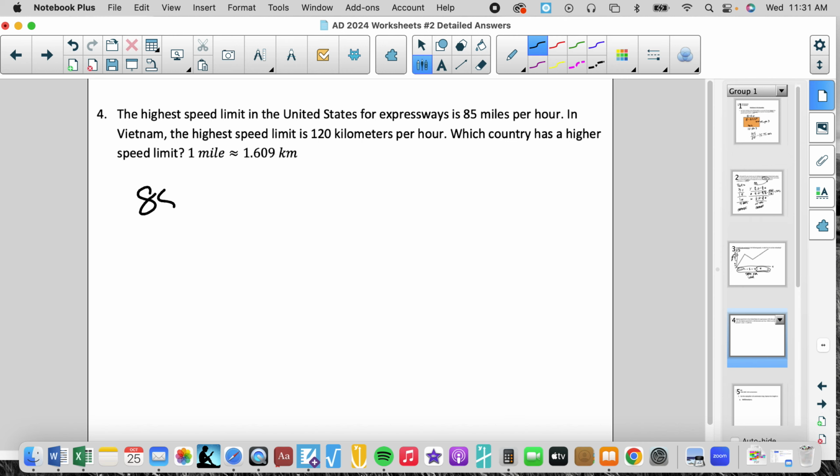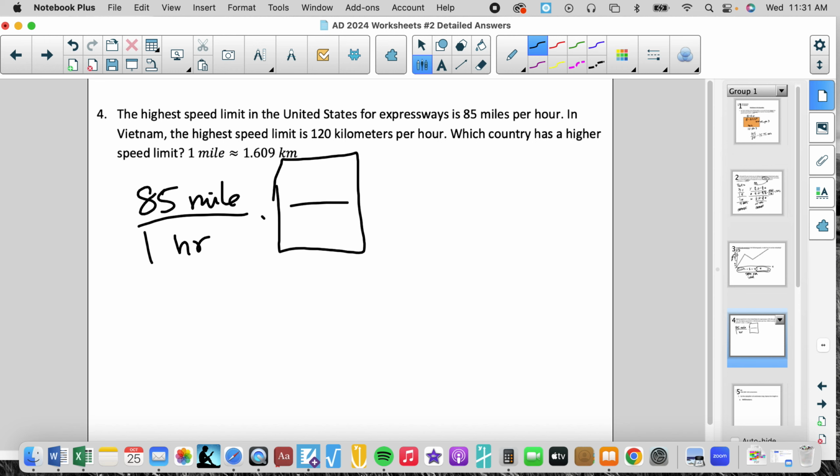So let's first take the American unit, which is miles per 1 hour. And we're going to convert. We're going to have a conversion box, and I want to convert it to kilometers. So I know that 1.609 kilometers is equivalent to 1 mile.